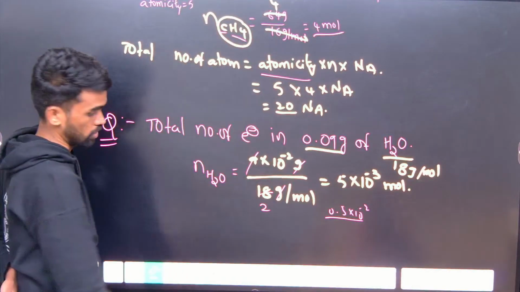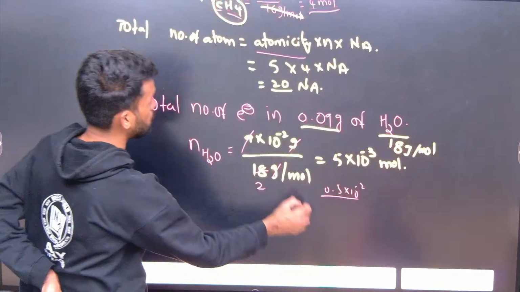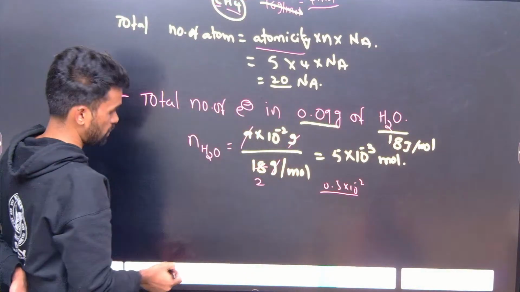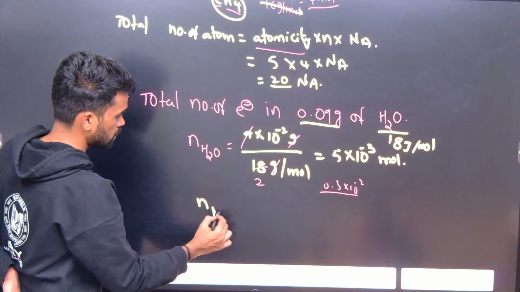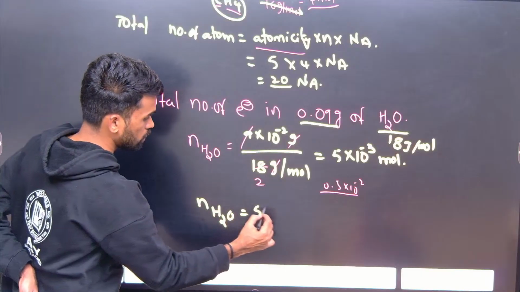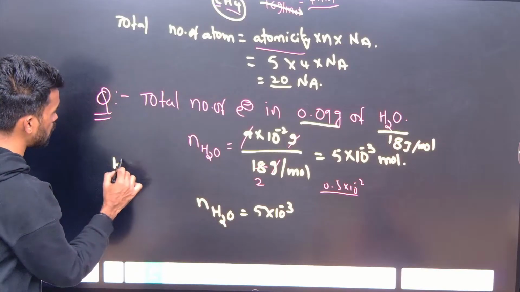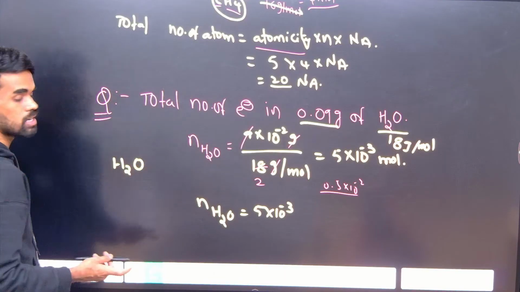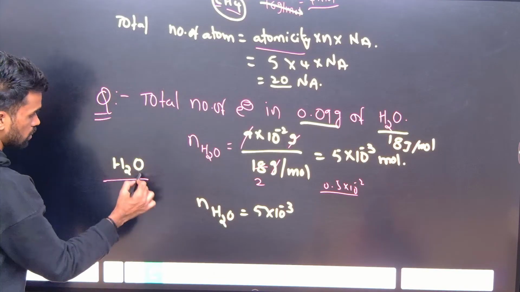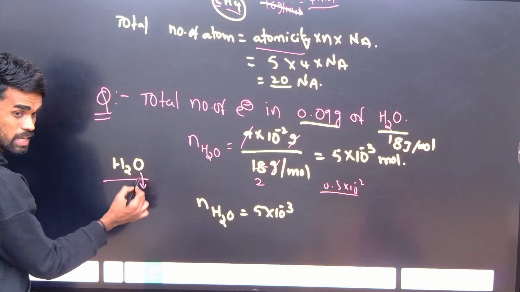Okay, next. What am I asking for? Total number of electrons. So we got 5 into 10 power minus 3 moles. In one molecule of water, how many electrons are there?